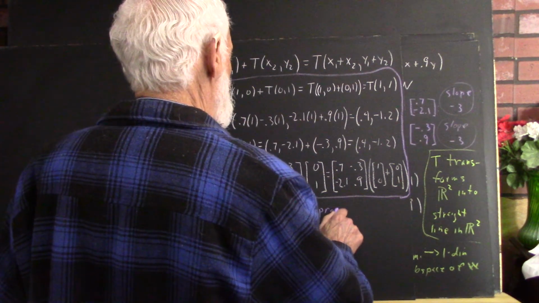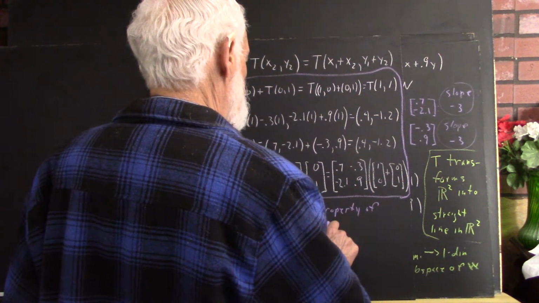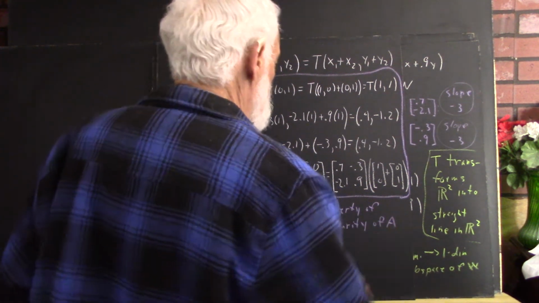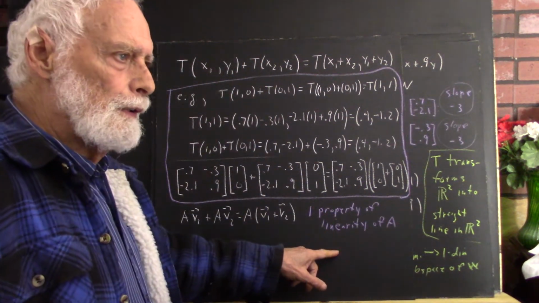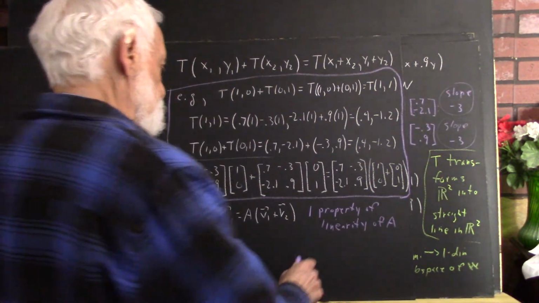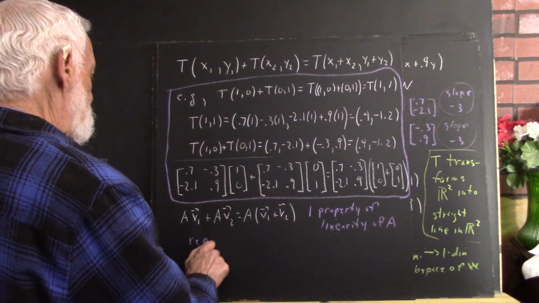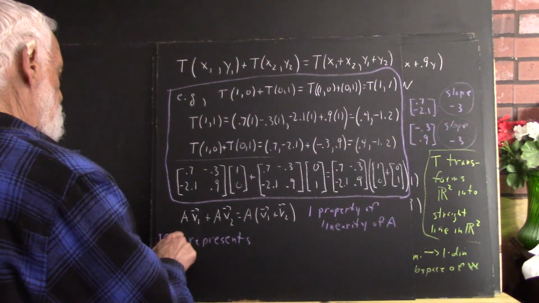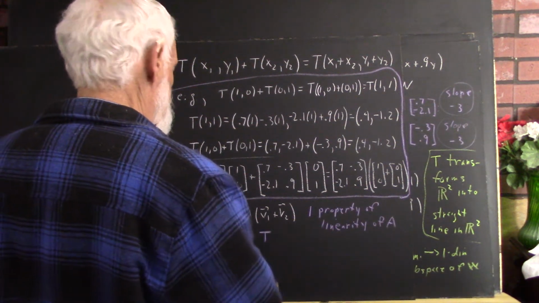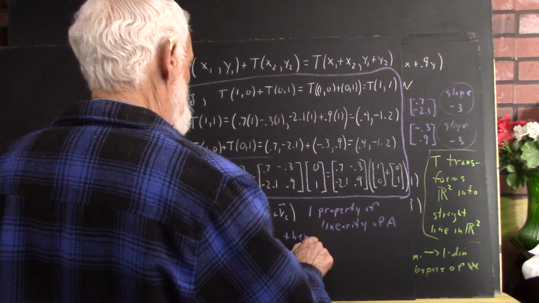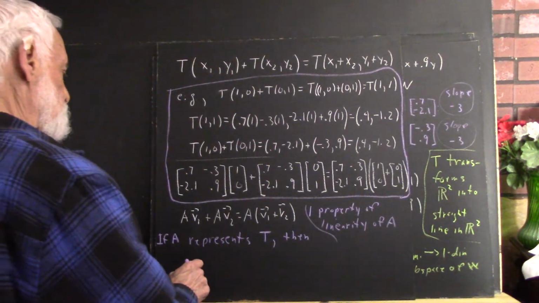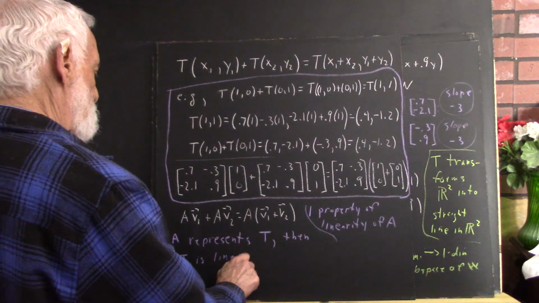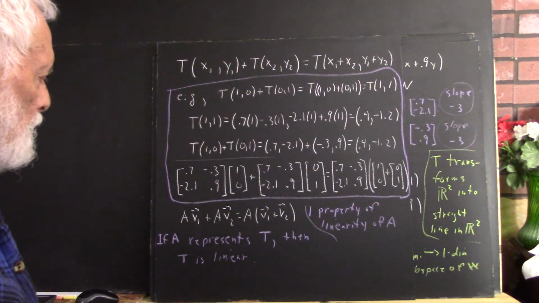So this is one property of the linearity of A, which is equivalent to the linearity of the transformation T. So this represents, say, if A represents the transformation T, then T is linear, pretty much.